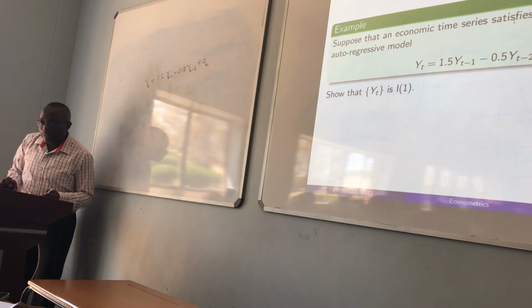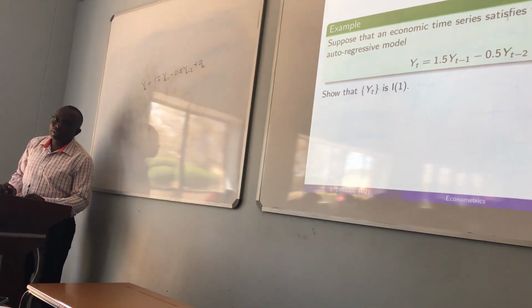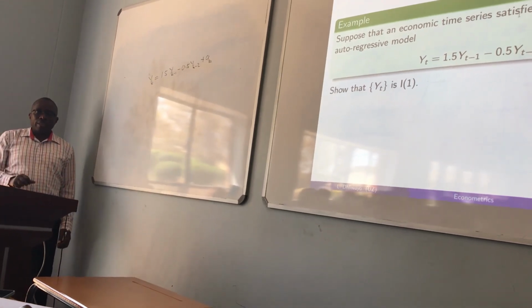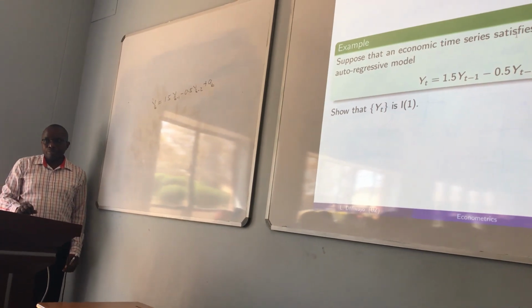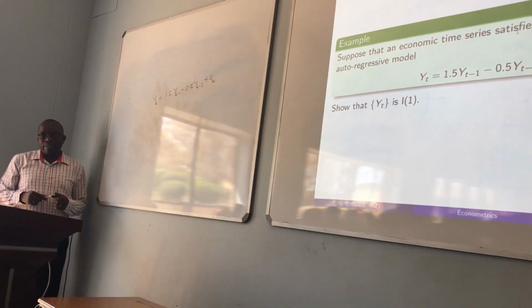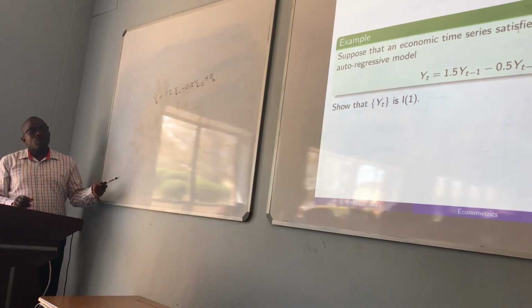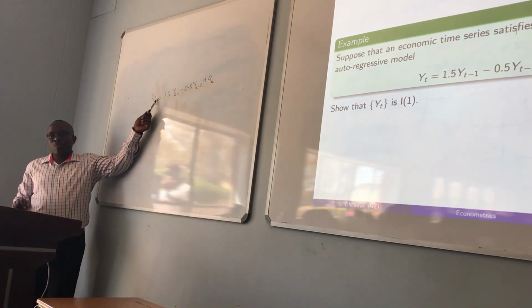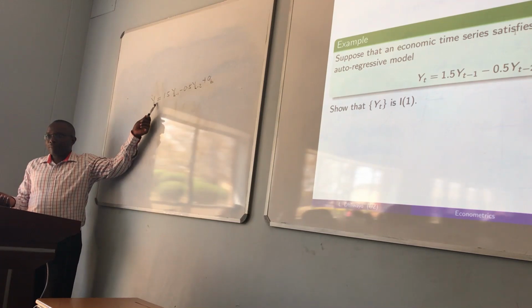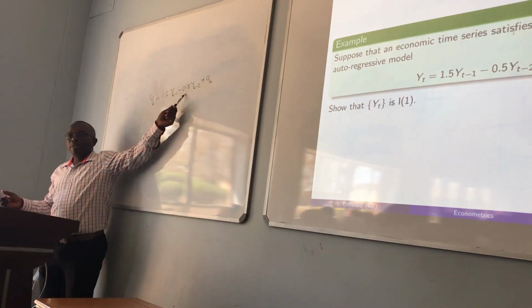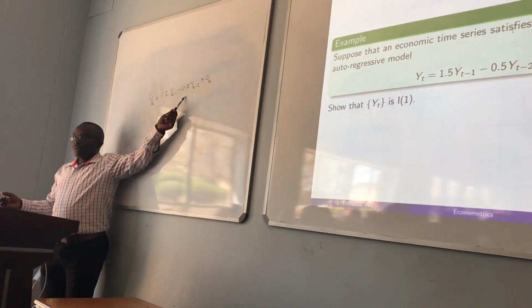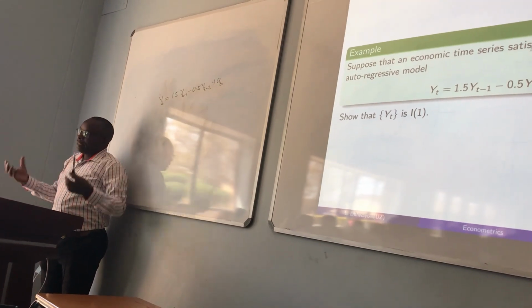So the question is, show that Yt is I(1). Show that Yt is I(1). There are two ways of showing it. Number one, we can simply subtract Yt-1 here. That's the first difference. Once we subtract this side, we also have to subtract this side, and then obtain another series.